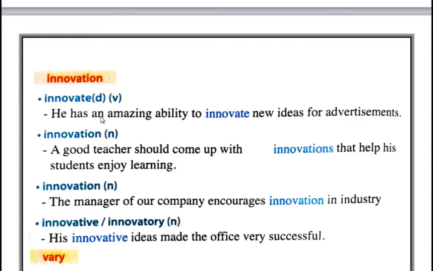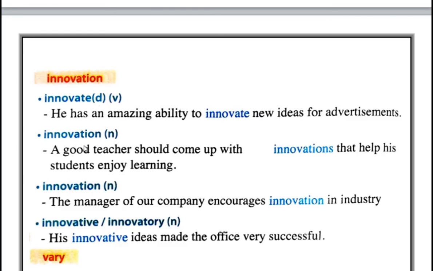He has an amazing ability to innovate new ideas, to introduce new ideas, because innovation means the introduction of new ideas or methods. He has an amazing ability to innovate new ideas for advertisements.